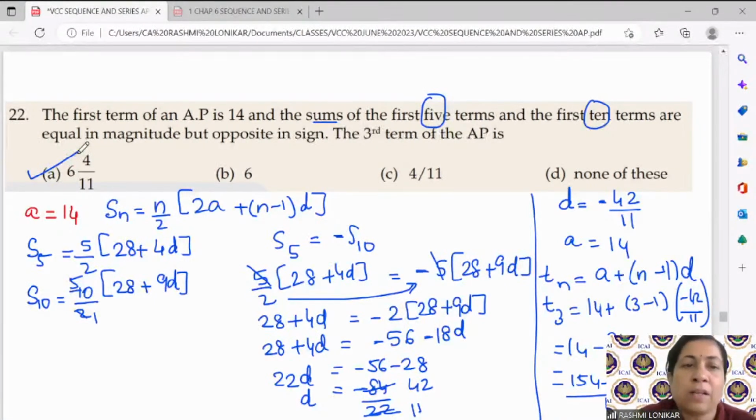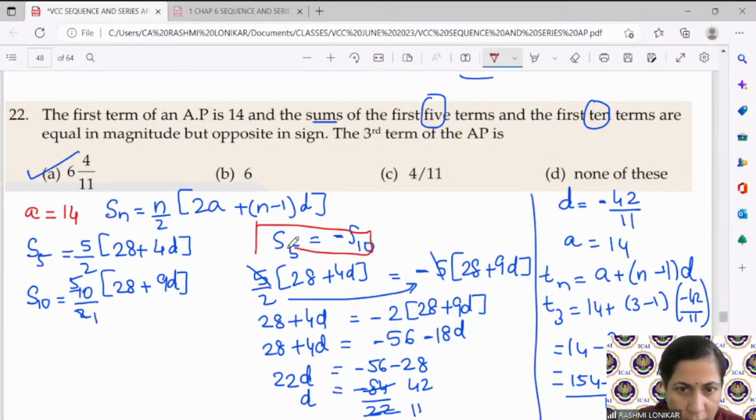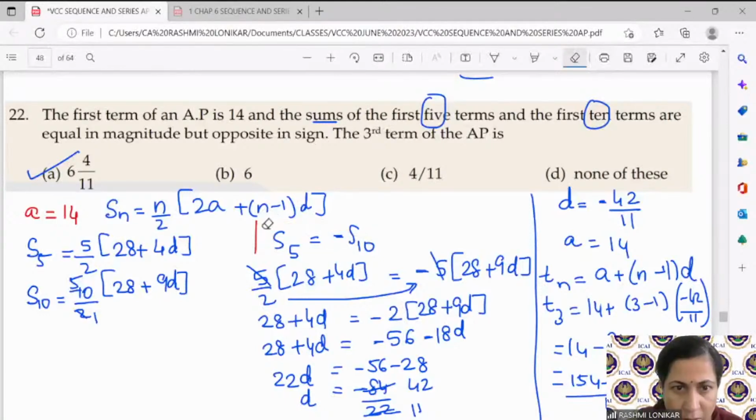So what have I done? I have just taken the formula for Sn. I have written it down for n equal to 5 and n equal to 10. Then the important step here is this, because this is what they have given. That the sums of the first 5 terms and the first 10 terms are equal in magnitude but opposite in sign.